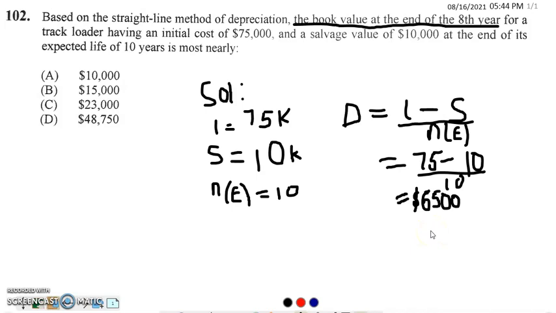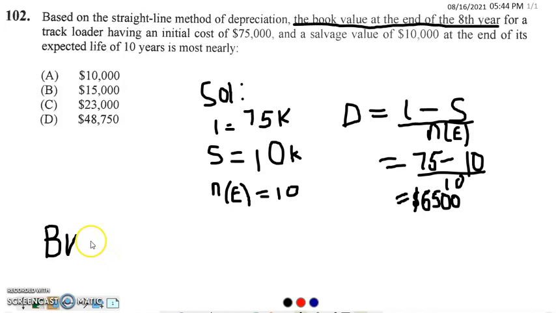So now what the question is asking for is the book value at the end of the 8th year. There's another formula that we need to use, let me write that out. It's called book value. This is how we designated it, BV.